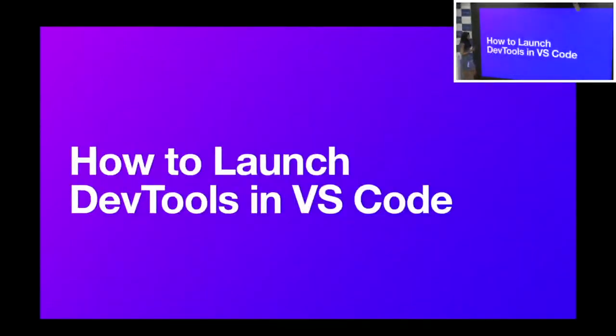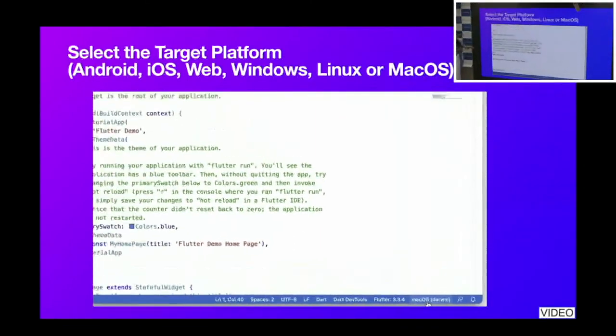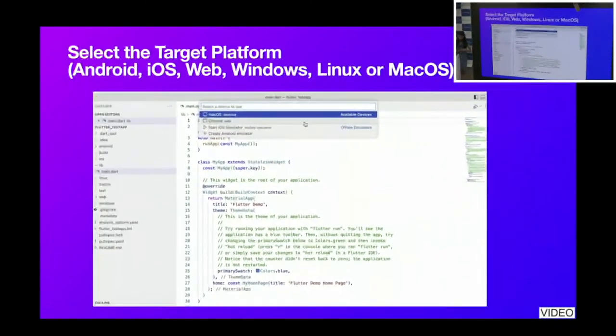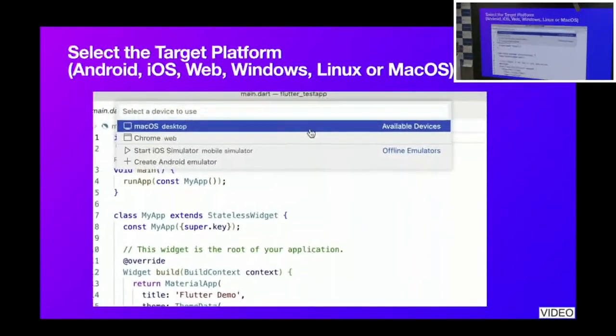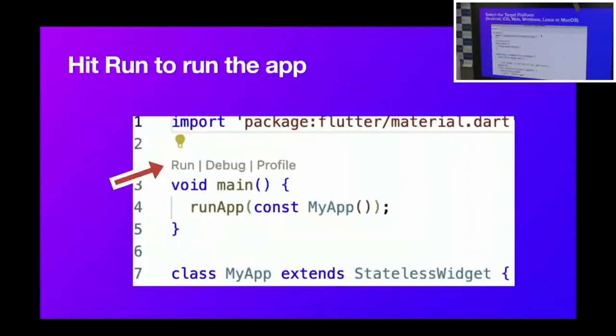So now let's get into how you can launch DevTools in VS Code. So basically, to do that, you have to select the target platform. So you can see here it's macOS Darwin, and select a device that you want to use. Then you have to simply run.